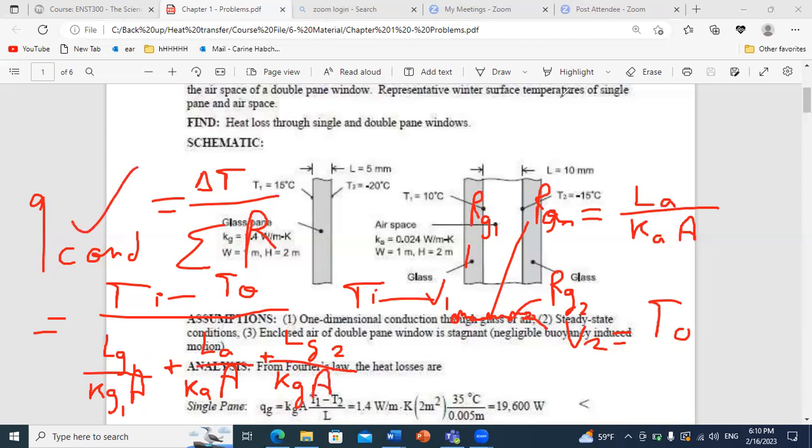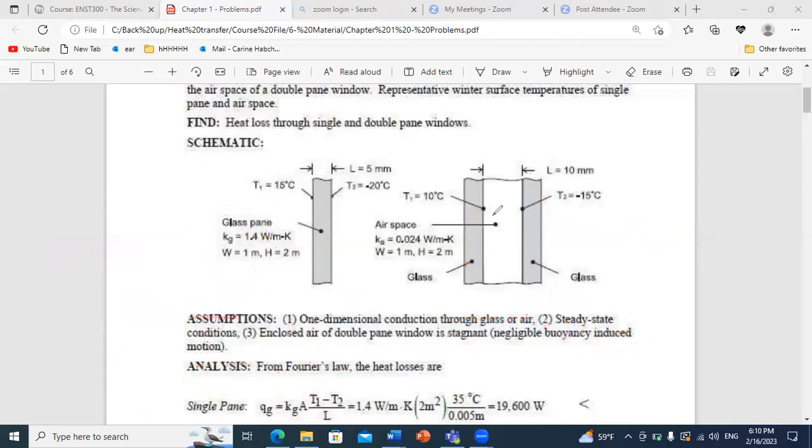Once you get Q conduction, if they ask you to find TA1 or TA2, you can easily do it because, as we said, the conduction flux is the same everywhere.